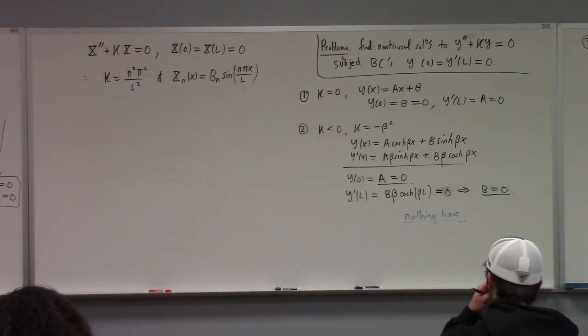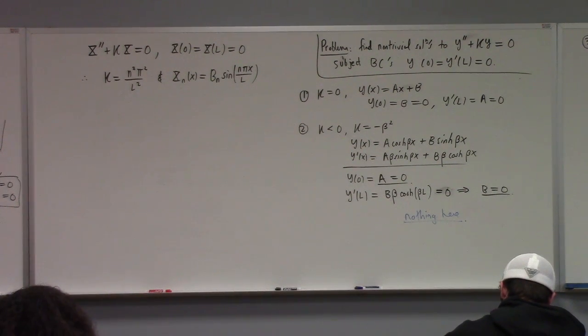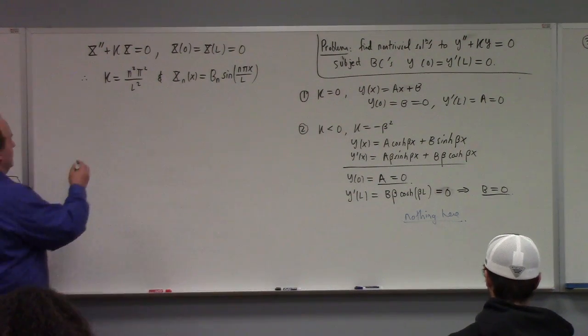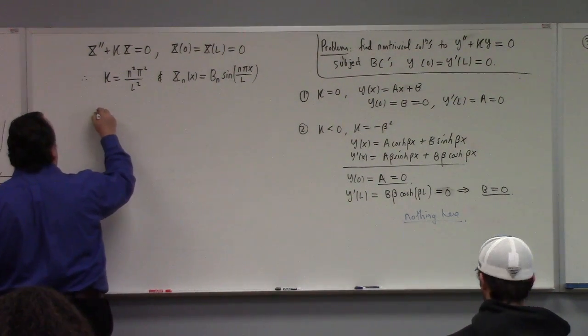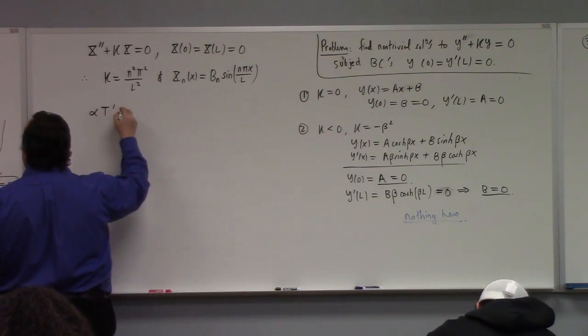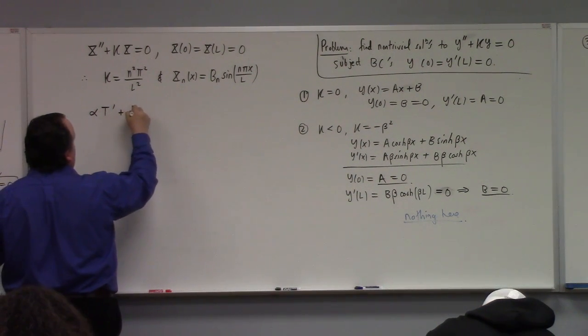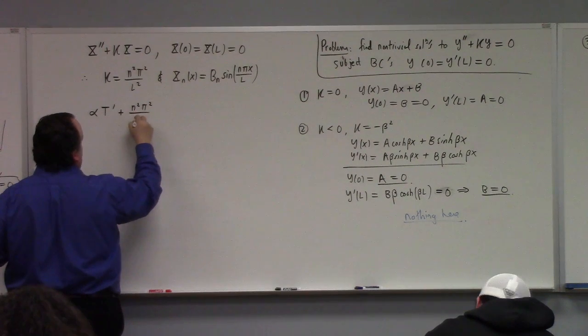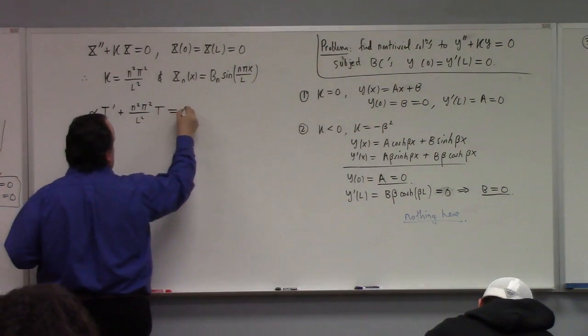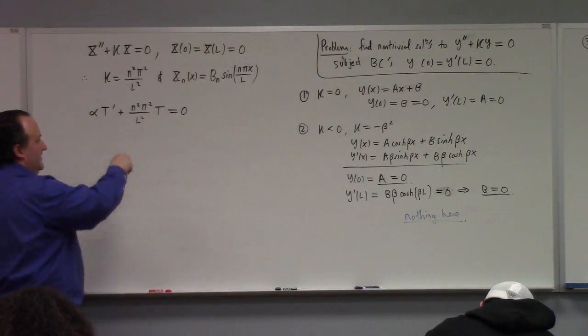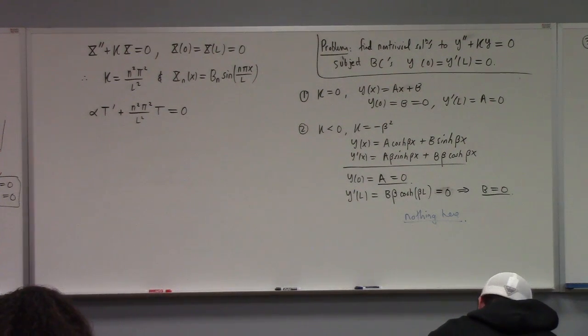So then what? Well, we still need to solve the temporal equation, right? We still got to solve alpha T' plus k, what was k? n squared pi squared over L squared, yeah? Times T equals 0. But that's a first order ordinary differential equation. We can solve that easily, right?